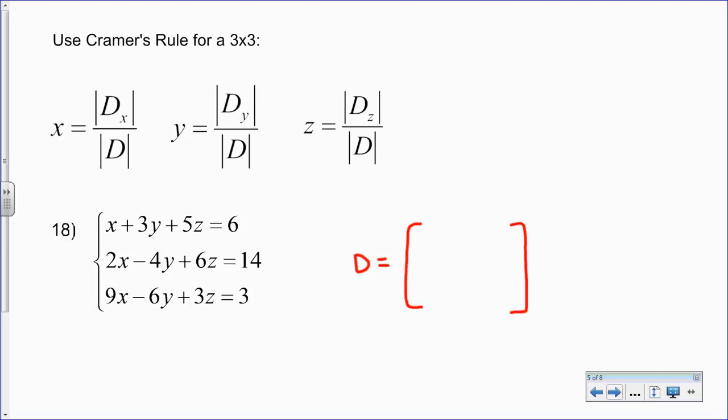So if I fill that in, my top row is 1, 3, 5, then 2, -4, 6, then 9, -6, 3. So it's a 3 by 3. I have 3 rows and 3 columns.